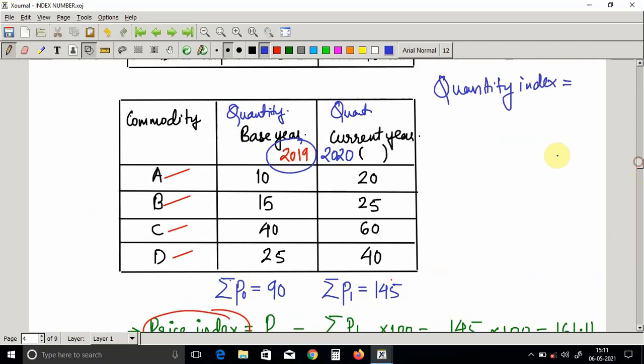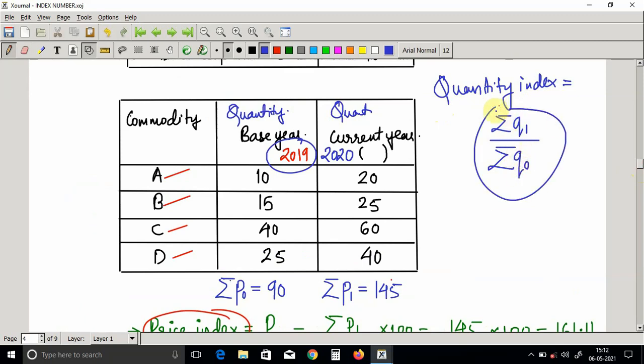So here I will give you the formula. If you are calculating the quantity index by the simple aggregate method, the formula is: sum of all the quantities in the current year, quantity is denoted by Q, and Q1 is for the current year, divided by the sum of quantities purchased in the base year.